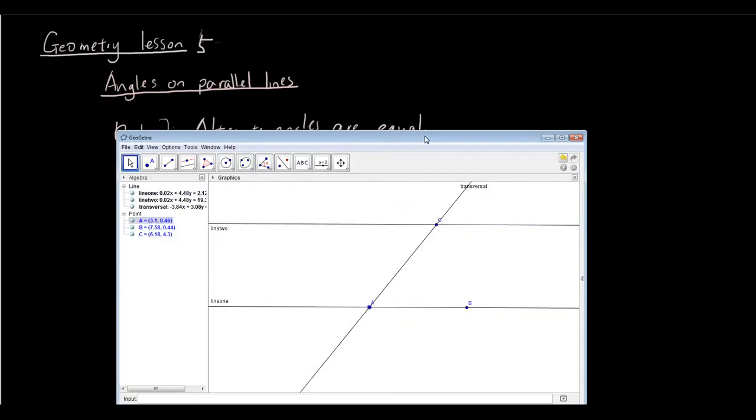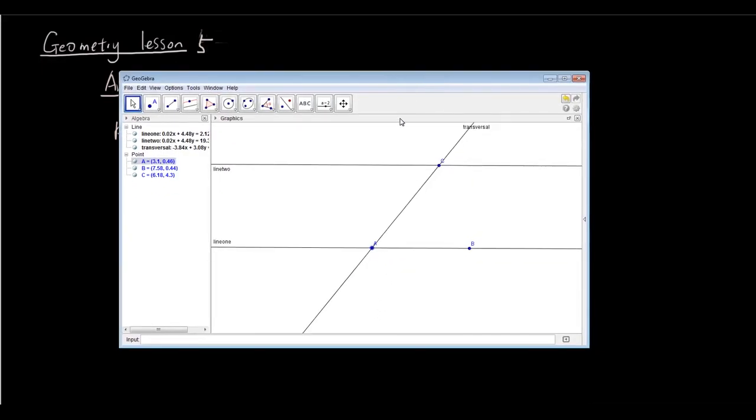So here is our Geogebra construction from last lesson, where we had two parallel lines. Line 1 and line 2 are parallel, and we had a transversal, which was a straight line going across the two parallel lines. What we want to do now is construct the alternate angles.